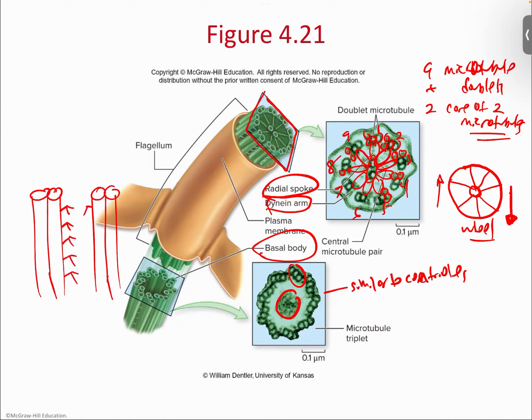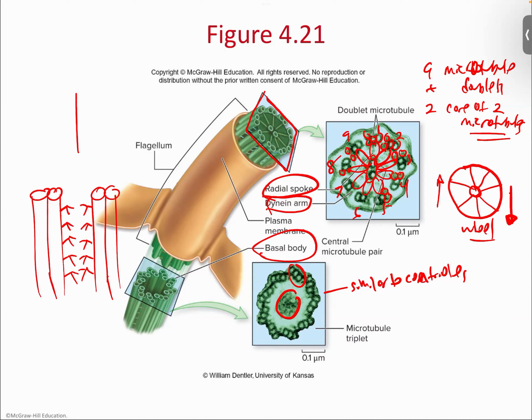And the same thing over here. Now, the way that flagella move, yes. Well, the long cylinder is going to be felt all the way throughout the entire flagellum.